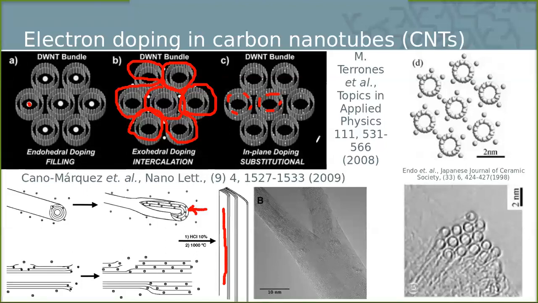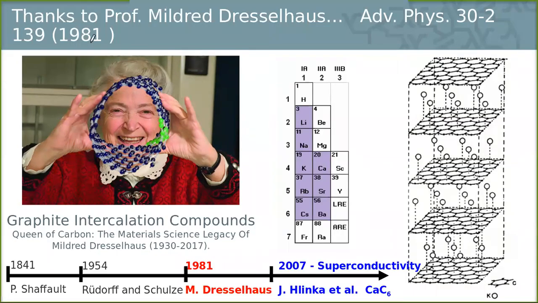So coming from this point, we can get back to 1981, when Professor Dresselhaus, who passed away a couple of years ago, was the very first person really interested in discovering and describing all these different electronic properties when we intercalate alkali metals, metals like lithium, sodium, potassium, rubidium, cesium, calcium, strontium, and barium, into the layers of graphene, particularly in graphite.